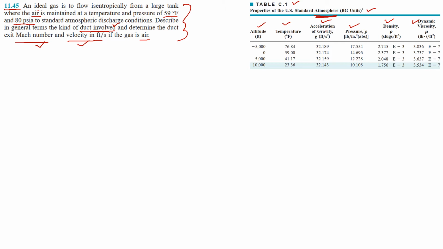At 59 degrees Fahrenheit, the atmospheric pressure P will be 14.696, and the P naught given in the statement is 80 psi absolute.